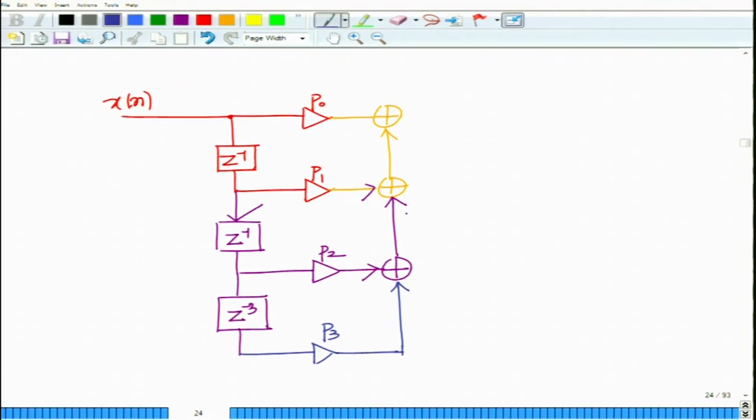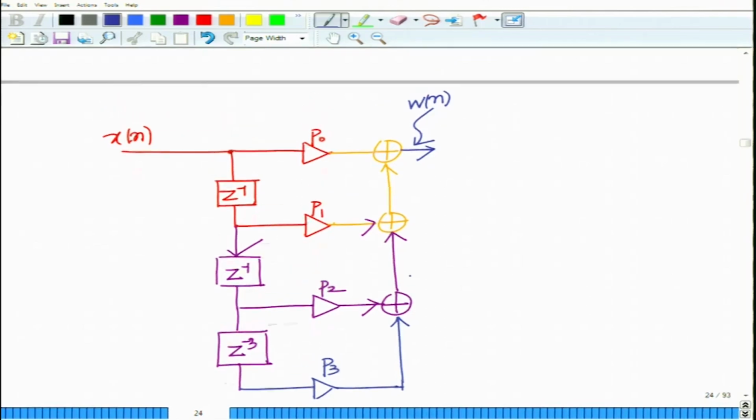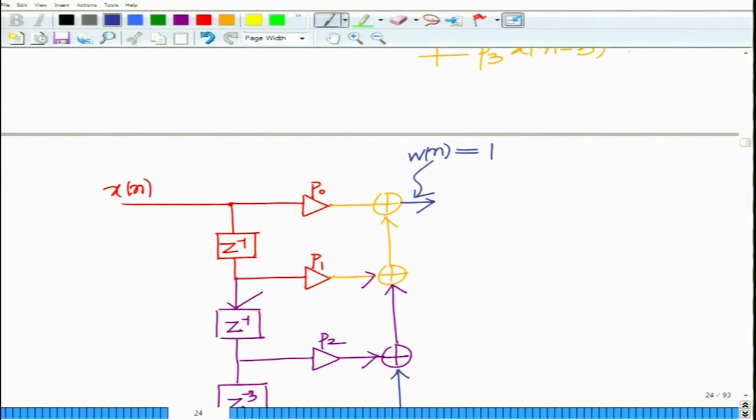You can see what you have over here is basically your w(n). That is P0 x(n) plus P1 x(n minus 1) plus P2 x(n minus 2) plus P3 x(n minus 3). So, w(n) equals P0 x(n) plus P1 x(n minus 1) plus P2 x(n minus 2) plus P3 x(n minus 3).